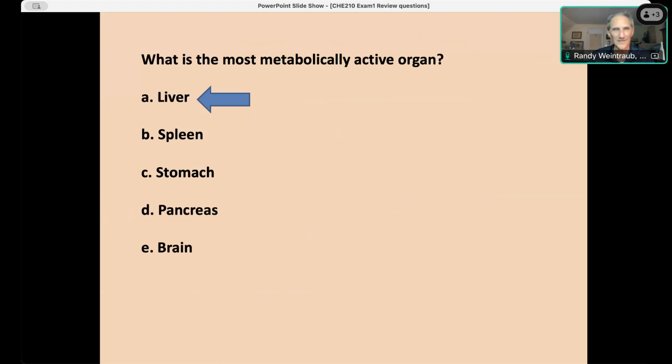It regularly gets signals to put out nutrients, and of course it stores a lot of nutrients also. So it's always very, very active. That's why liver disease, fatty liver, is so serious to maintaining homeostasis.